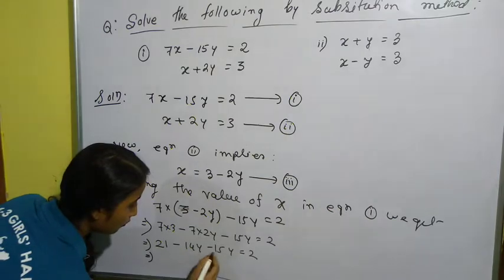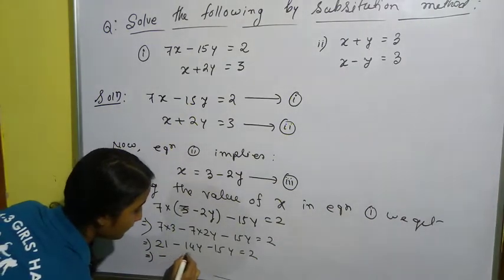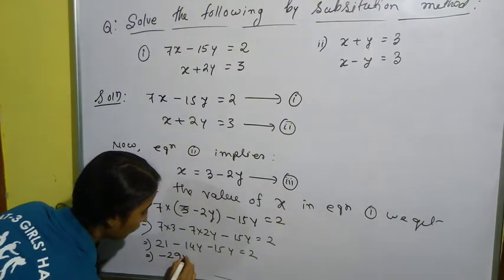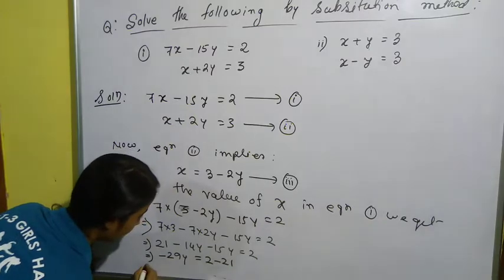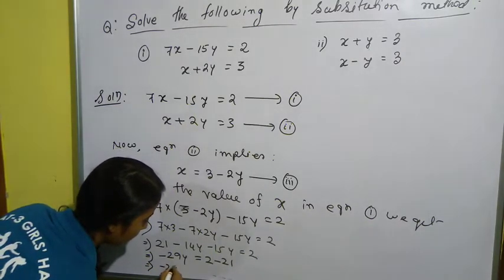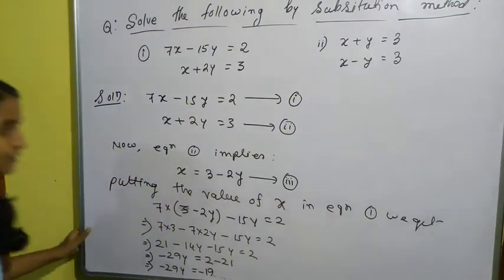So 14y minus 15y, that means minus 29y is equal to 2 minus 21. That means minus 29y is equal to minus 19.